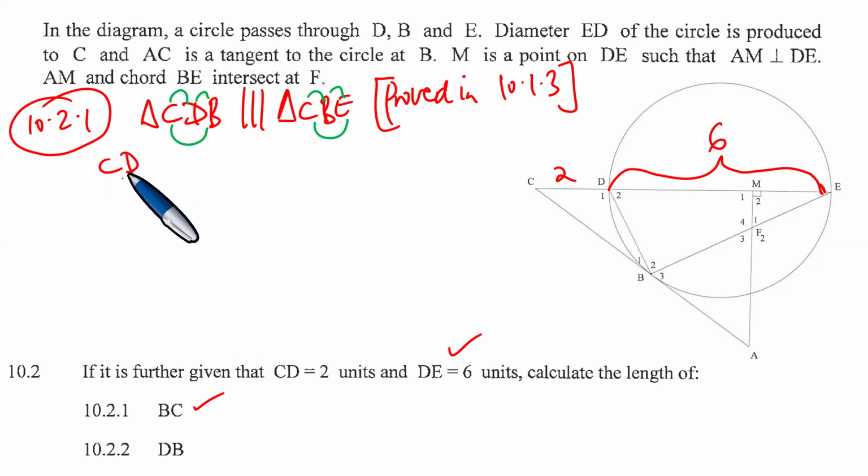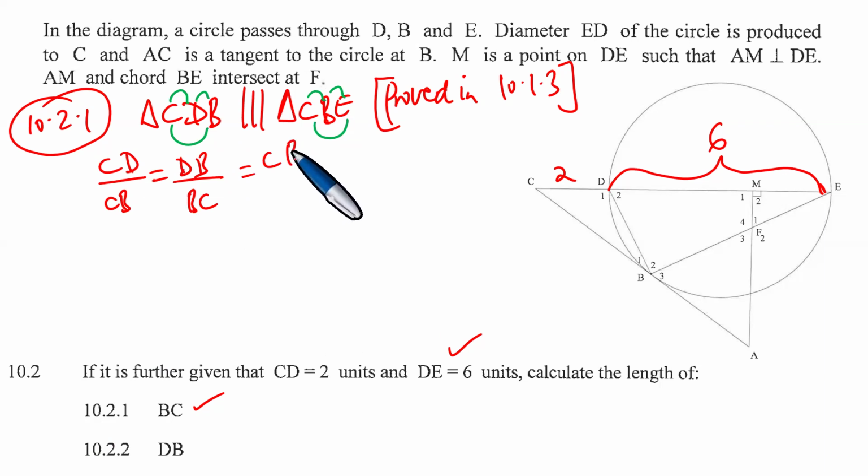You have CD over CB is equal to DB over BE is equal to CB over CE. This is a conclusion. These are similar, and this follows from the proportionality theorem.